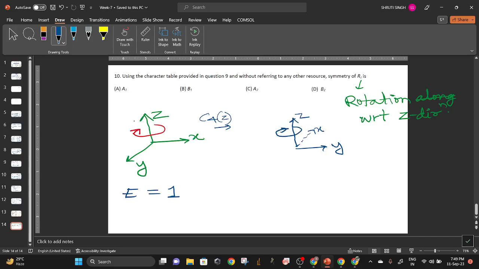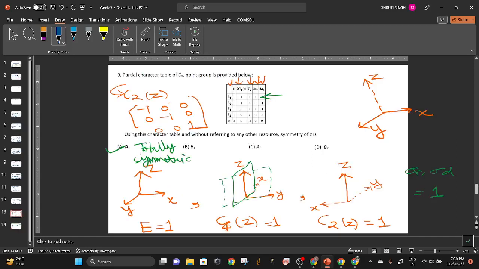It does not matter if you rotate it by 90 degrees, 180 degrees or like that. A rotation along the z axis will not change. You understood? It was clockwise before the operation and after the operation also it is clockwise. So the character under this is also 1. Next is C2.